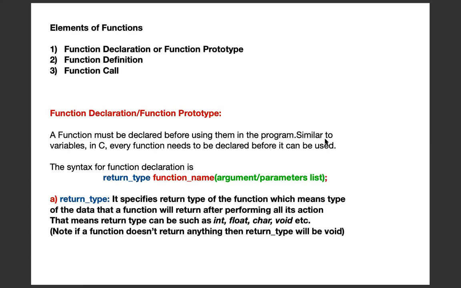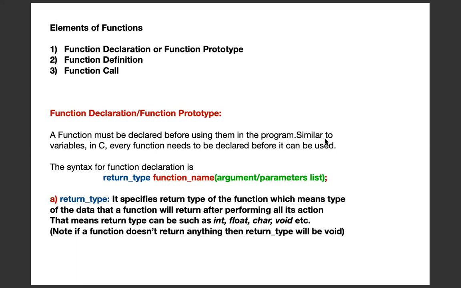For example, if you want to store a number, we have variables. If the number has to be used in the program, we require memory or storage. A variable is nothing but a memory location, and we give a name to that memory location. That is what a variable is.